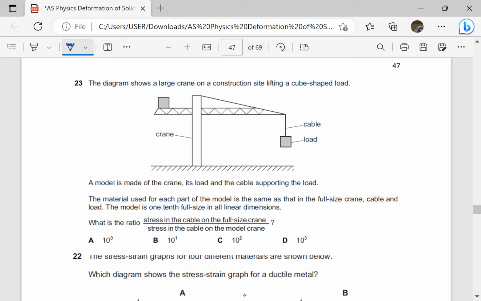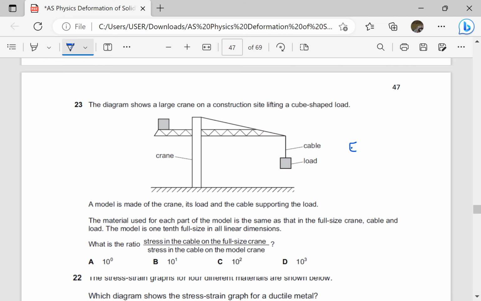What is the ratio of stress in the cable on the full size crane over stress in the cable on the model? So remember, Young modulus is going to be stress over strain, where strain is going to be extension over original length. And they told us that the model is 1/10 full size in linear dimensions. So let this be the original length for the large crane.